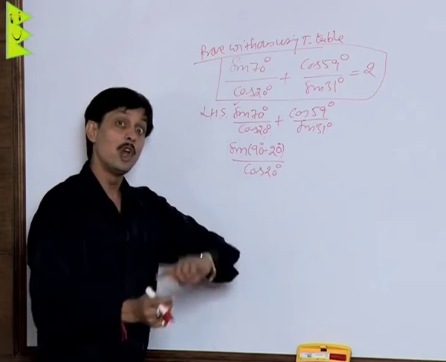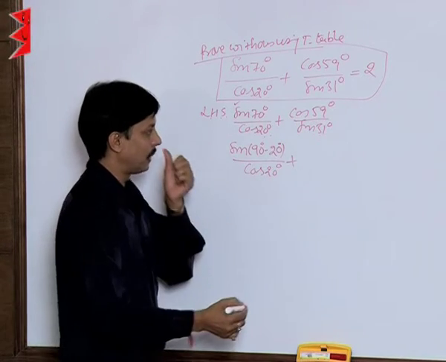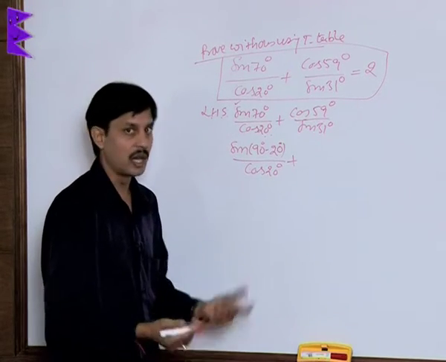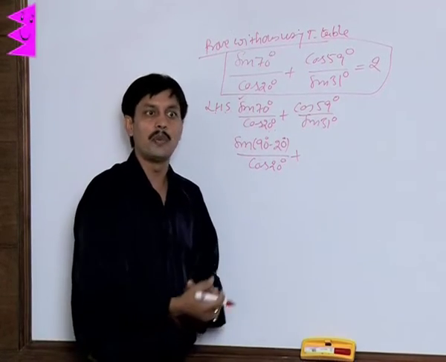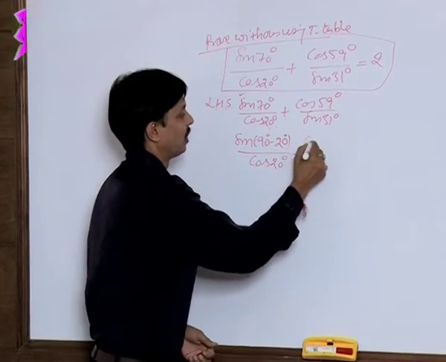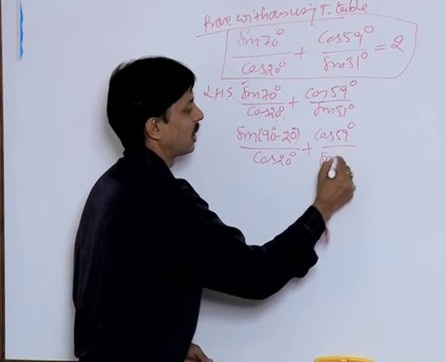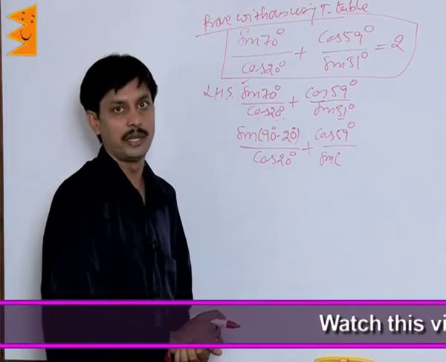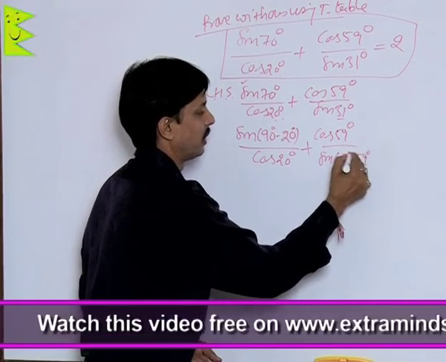We will change one of the complementary angles. Now for cos 59 upon sin 31, again I will change only one. I can change either the numerator or the denominator. Now this becomes cos of 59 degree upon sin of, in place of 31 degree, we can write 90 minus 59 degree.